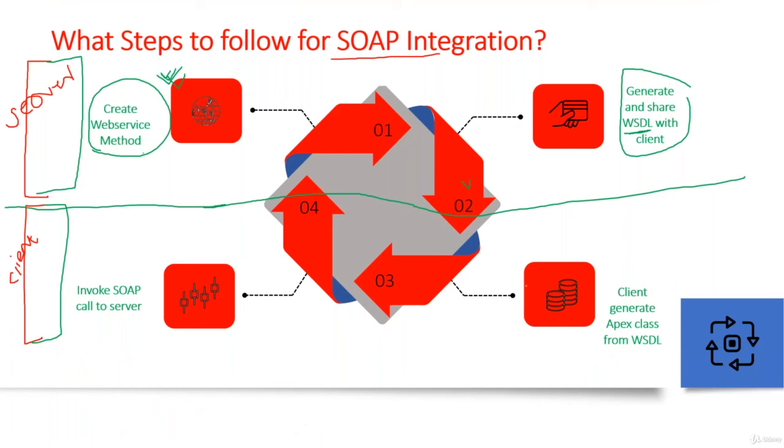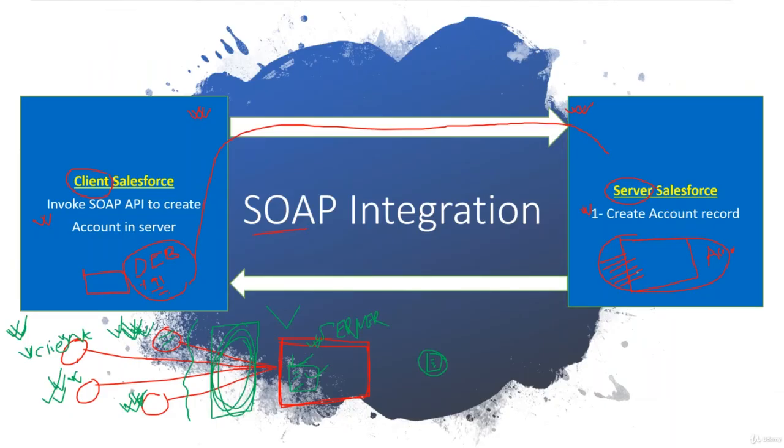How will they consume it? They will generate an Apex class from the WSDL in the client application. Nothing but in the client Salesforce, they are going to take this WSDL file and generate some kind of Apex class. Whichever client wants to integrate, they will generate some Apex class in their system. I'm saying Apex class because I kept these clients as Salesforce.